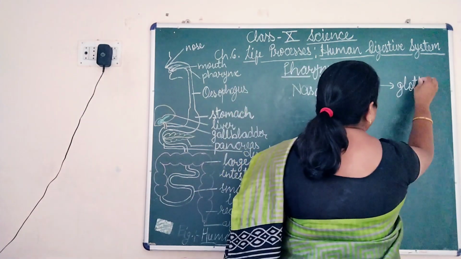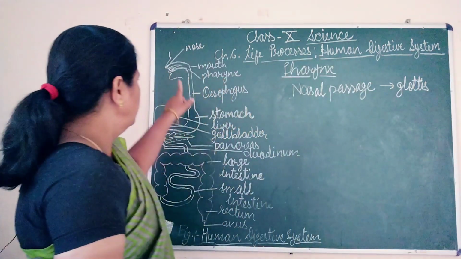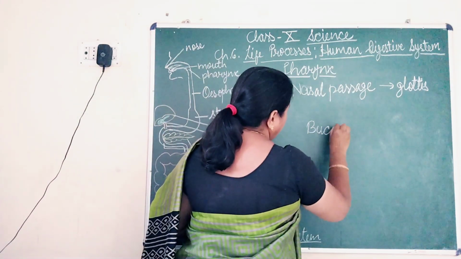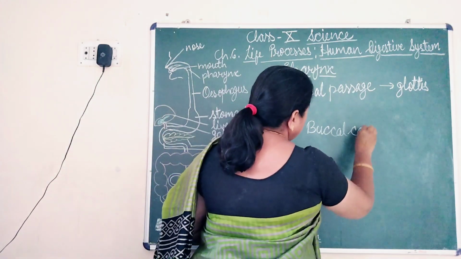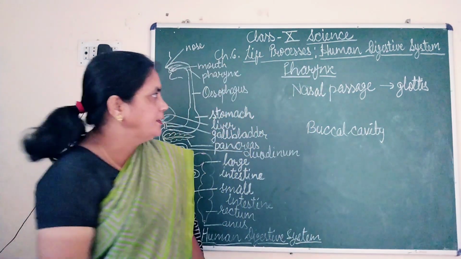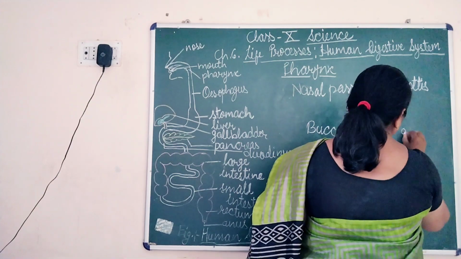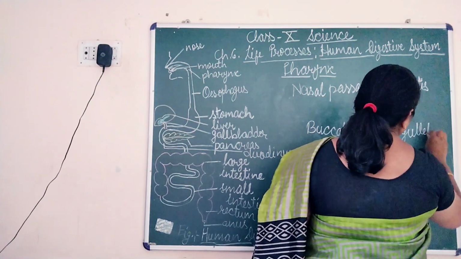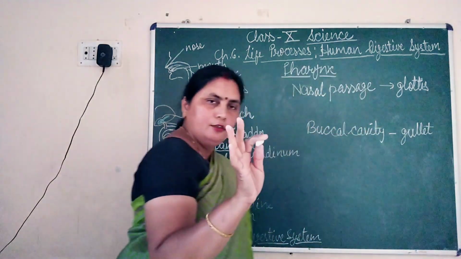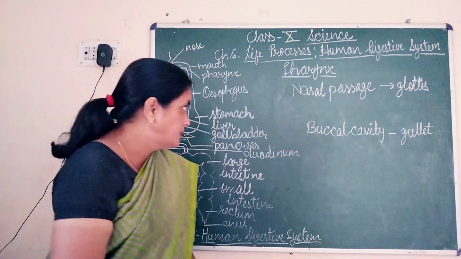Okay. And the buccal cavity opens into pharynx with another opening called gullet. So there are two openings, gullet and glottis, with the help of which they open into pharynx.